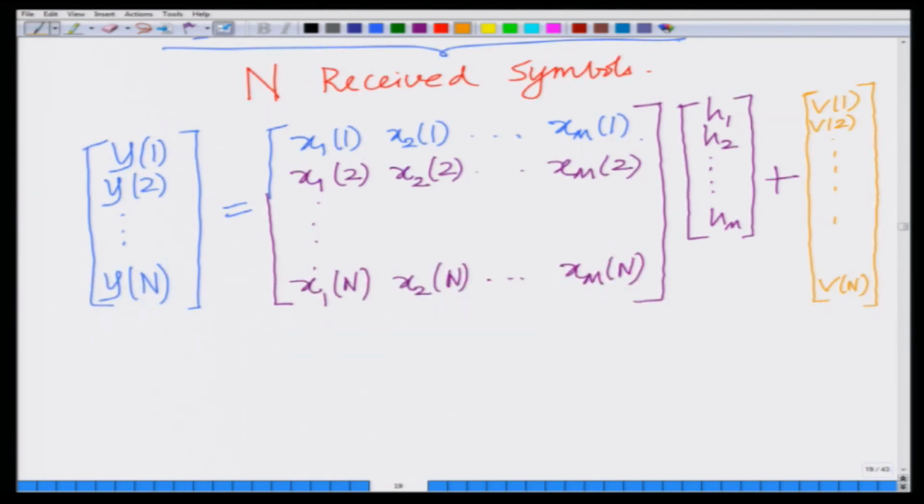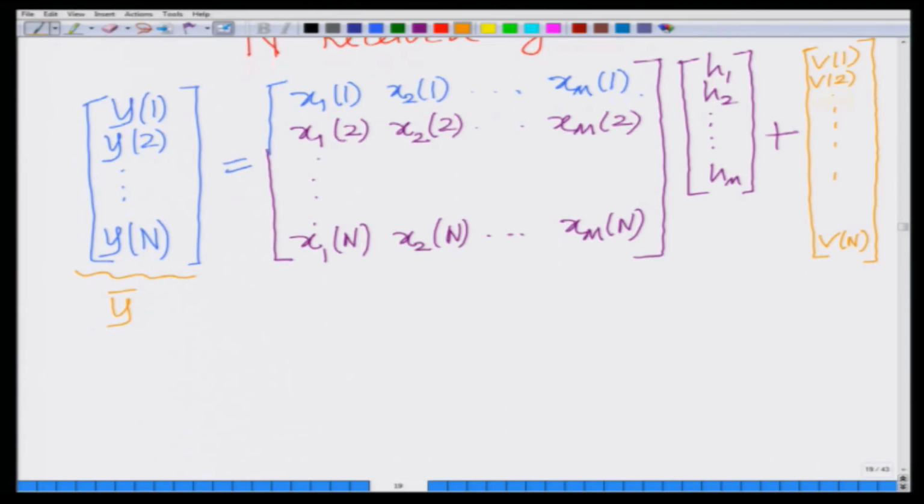Now, let me denote this vector of received symbols as your vector y bar. Let us write this down. What is this?